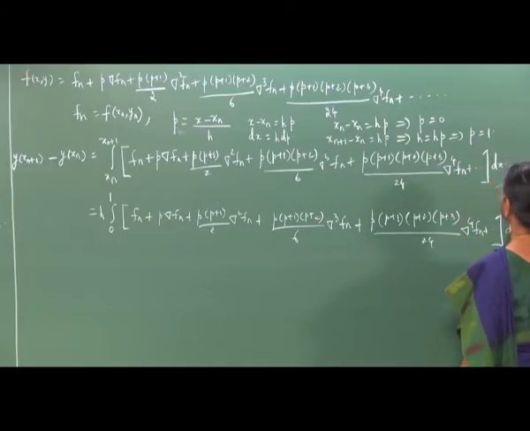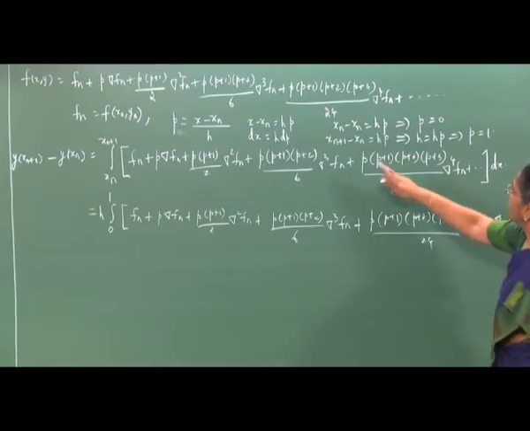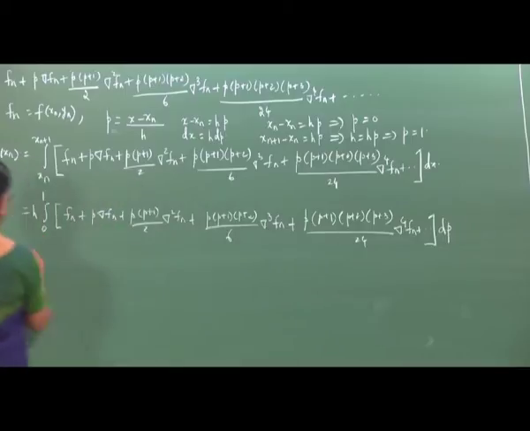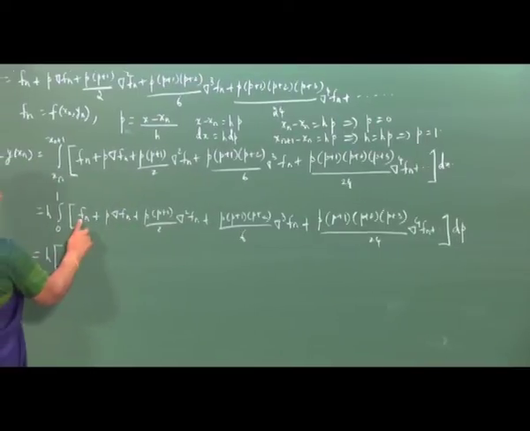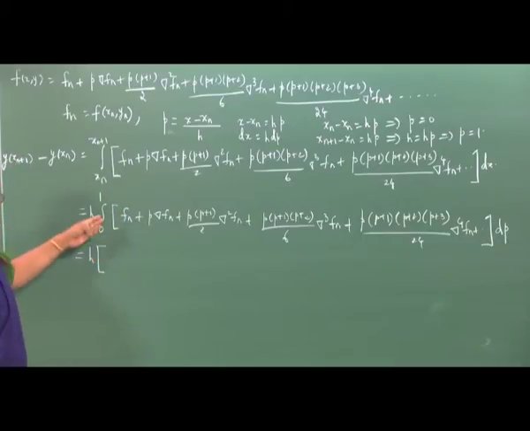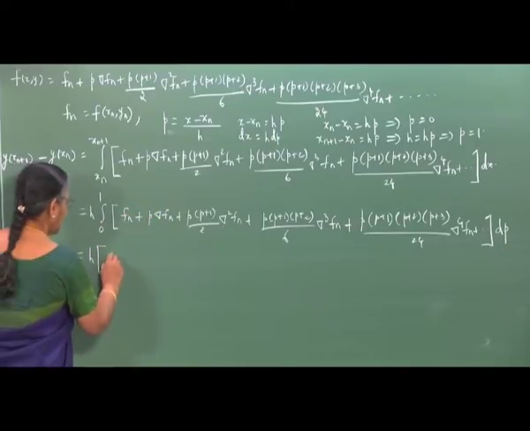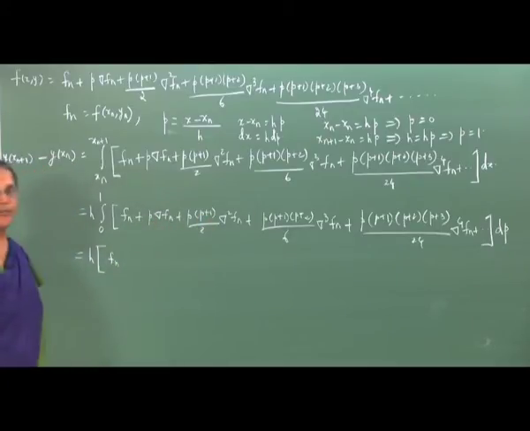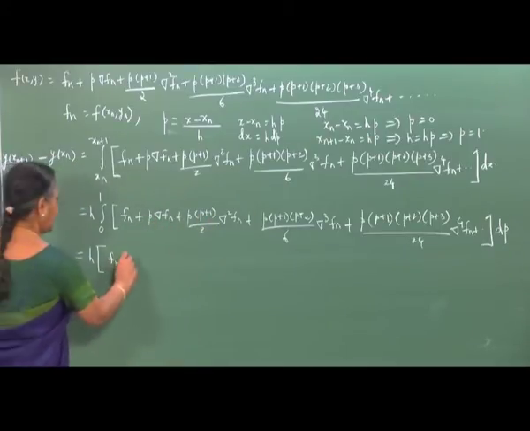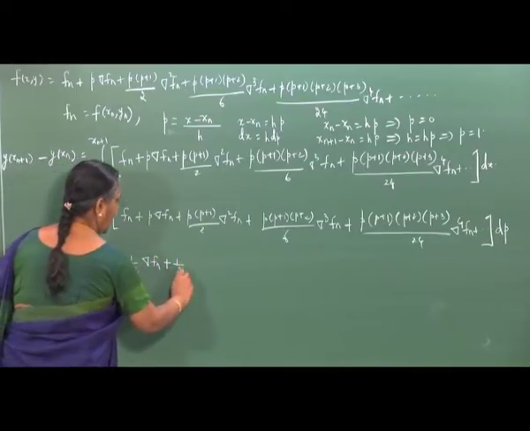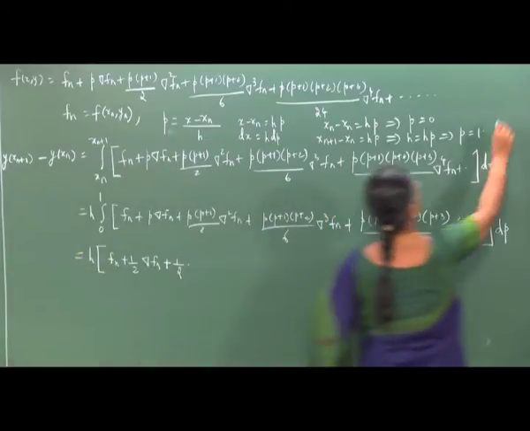Integration is now with respect to p. So, the first term will give you h into f_n dp integrated with respect to p from 0 to 1. So, it is f_n into p between 0 and 1. So, it is simply f_n. The second term p dp, so p square by 2 between 0 and 1. So, half of delta f_n, then plus half of p into (p plus 1).